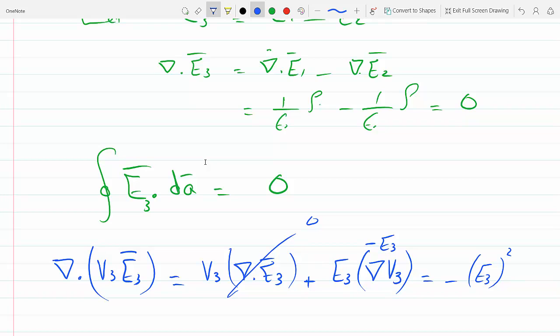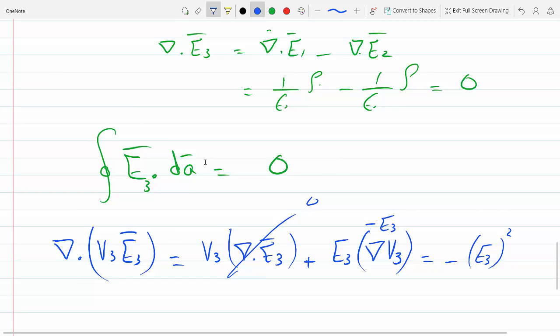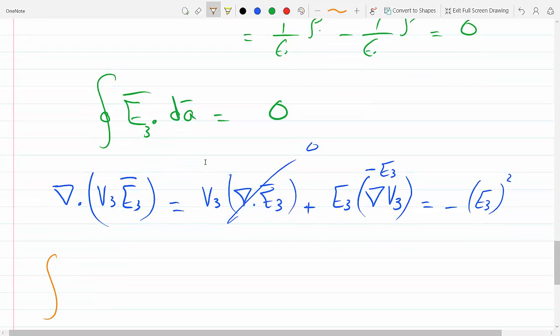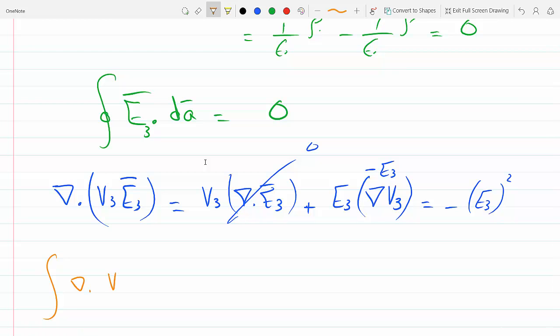Okay, and now why don't we integrate this over d tau? We know what the answer is going to be based on the above analysis.